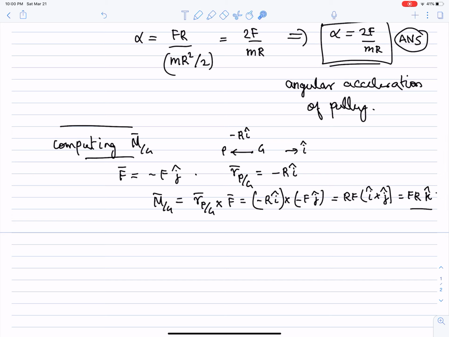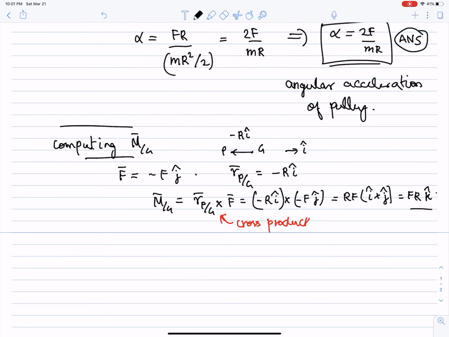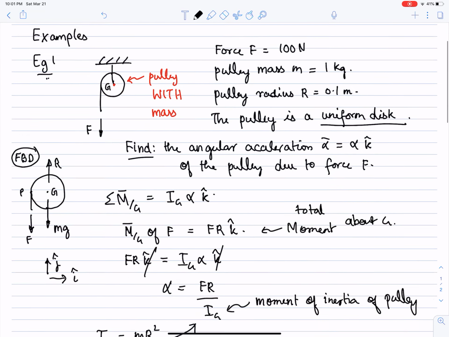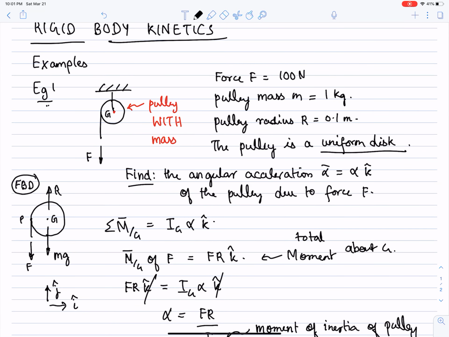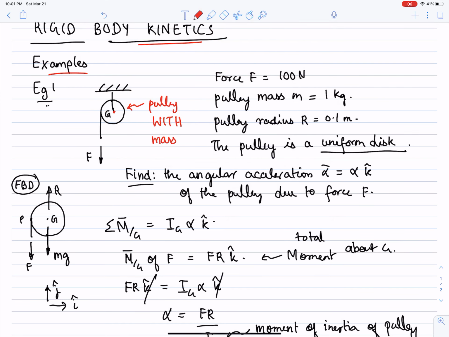But you can use the vector formula with the cross product too, which may be worthwhile for more complicated problems. For this simple problem, it perhaps didn't matter. Okay, so that's one problem, perhaps the simplest example involving rigid body kinetics.